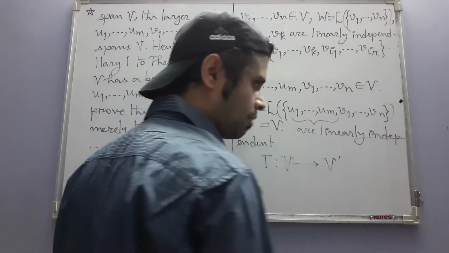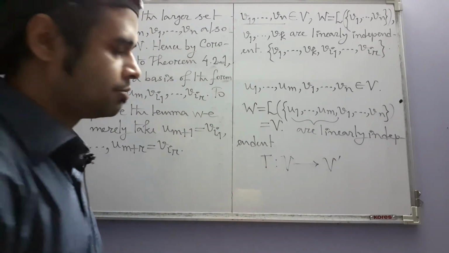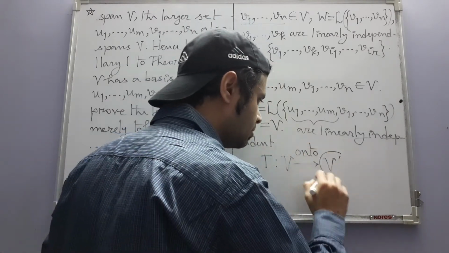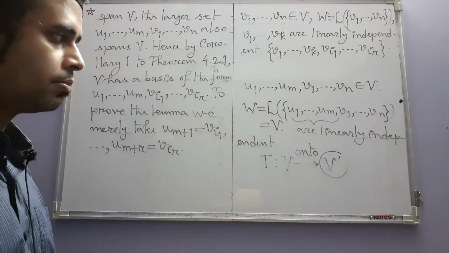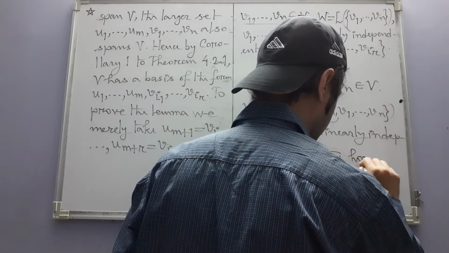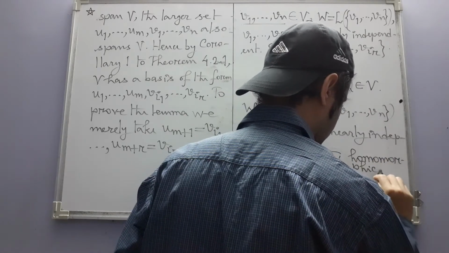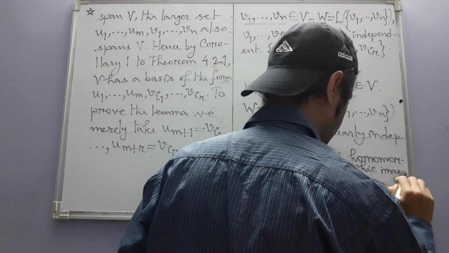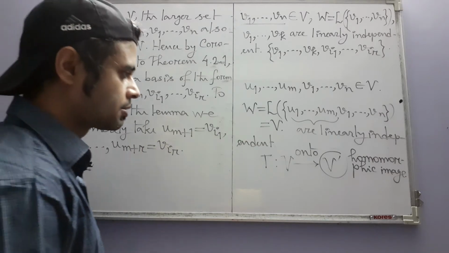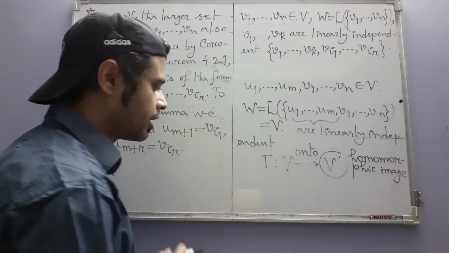Or to make matters simple, you can have an onto homomorphism, a surjective homomorphism, so that V prime is a homomorphic image of V. Now we have already seen in some previous theorems that these homomorphic images have a special structure.